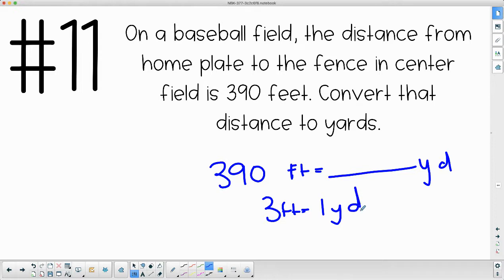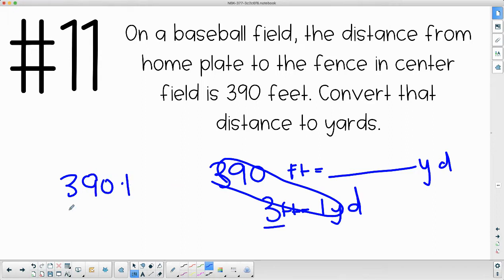We always want to take our conversion down to 1 unit rate. So we can multiply here. We've got 390 times 1, and then we need to divide that by 3. Will tell me how many yards that fence is away from home plate.